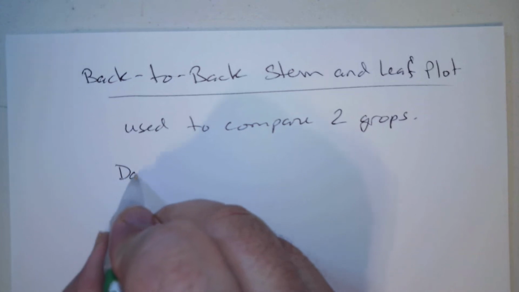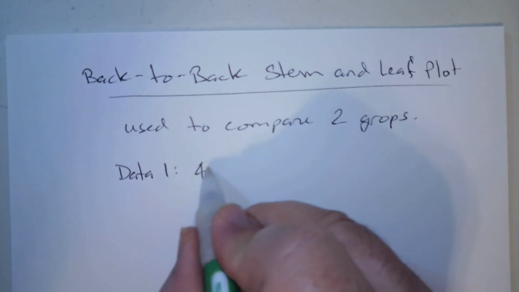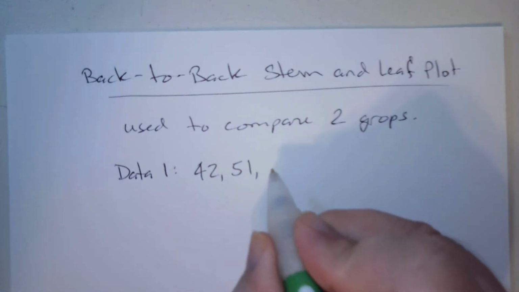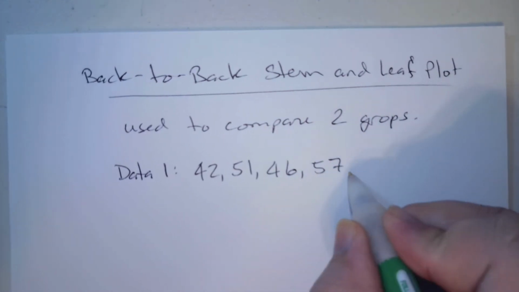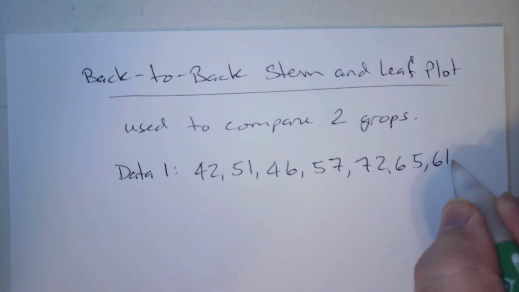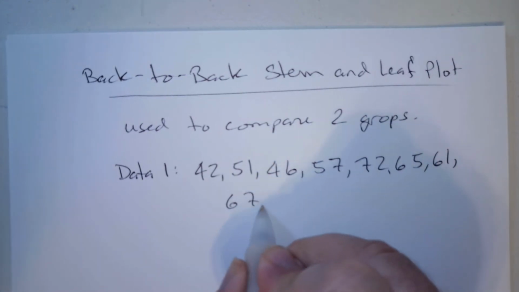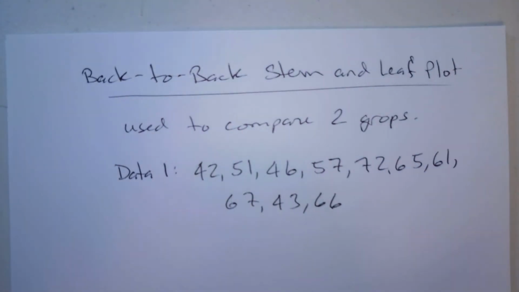Okay, so here's data from group 1. We had 42, 51, 46, 57, 72, 65, 61, 67, 43, 43, 66.